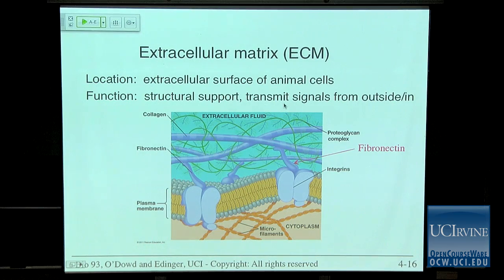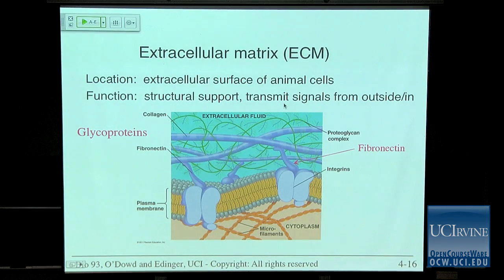So I'm not going to say much about this, but the major components of the extracellular matrix are glycoproteins. And we've seen glycoproteins one other place, right, that were actually in the membrane. These are glycoproteins that were made inside the cell, but they were excreted. So now they're on the outside of the cell, and they're proteins that have sugars on them.